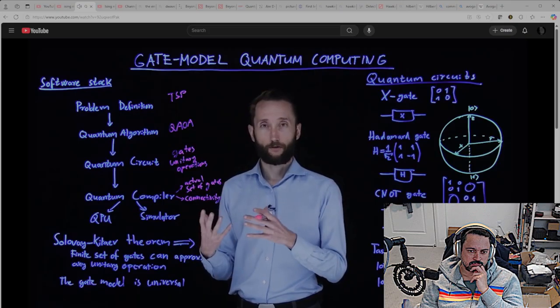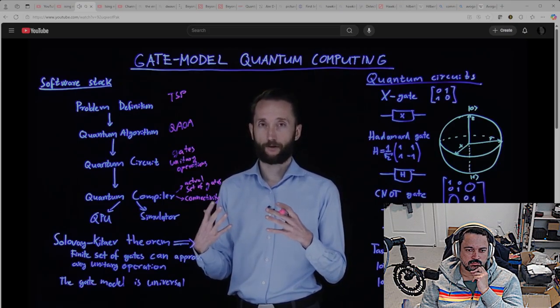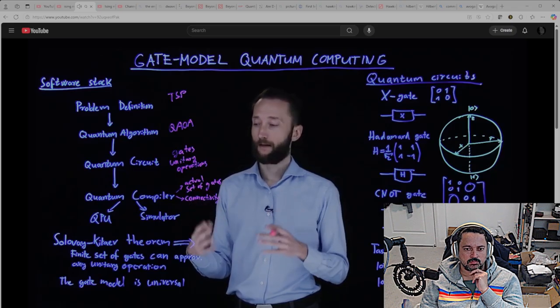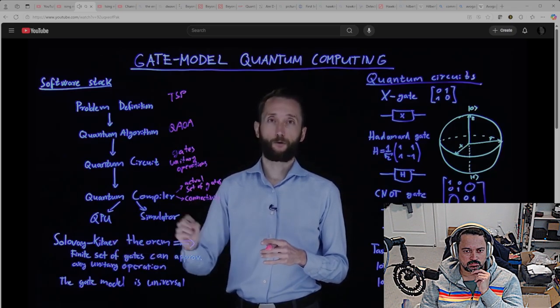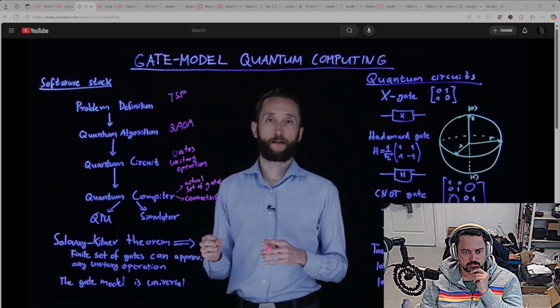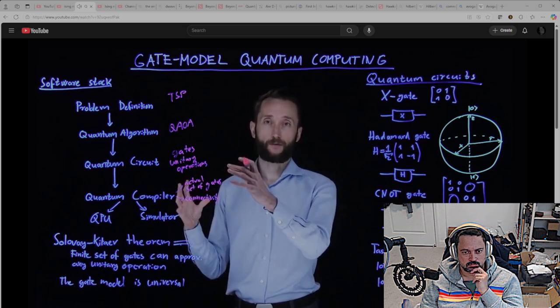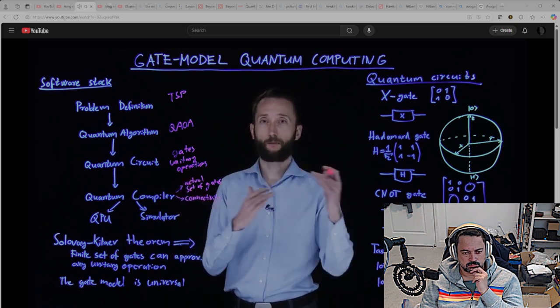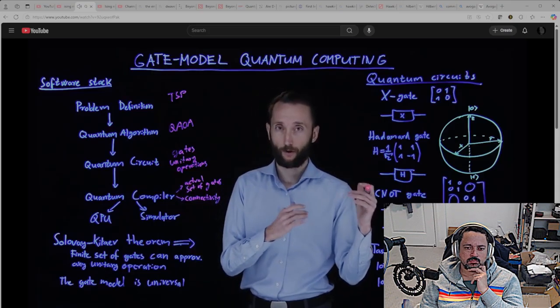So a digital computer is universal in the sense that it can implement any logical operation between strings of bits, whereas a quantum computer is universal in the sense that it can take any quantum state over qubits and transform it into any other quantum state over qubits.